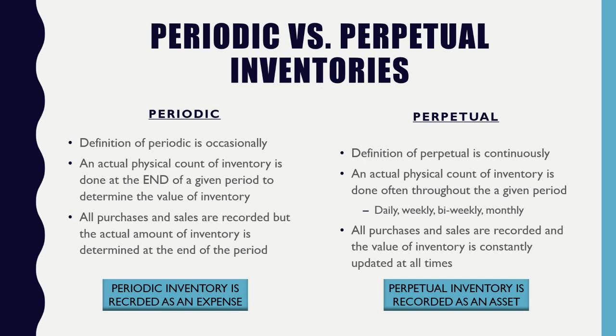So in this case, if you briefly remember chapter 4, we talked about adjustments. Periodic inventory is 100% in adjustment because it is always done at the end of a given accounting period, okay? Now, again, you don't necessarily have to do it at the end of the given accounting period. If you want to do it at the end of every week, that is okay as well, especially because it's inventory.